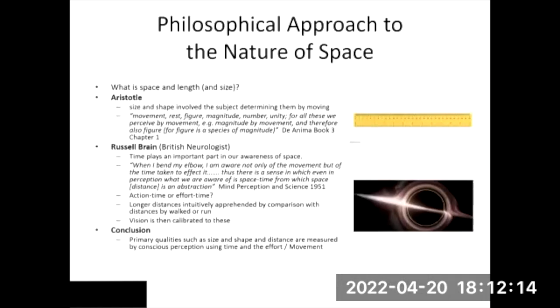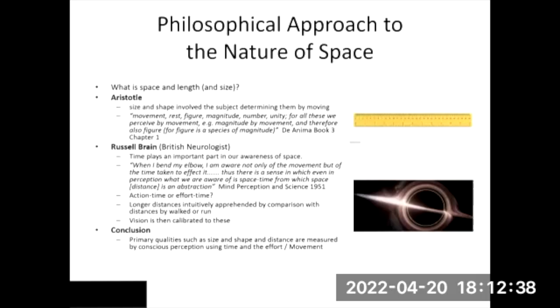Just a very quick thing about space before I move on. Aristotle pointed out that shape and size is determined by feel initially, and then we translate that into sight, in the sense of how far you have to move your fingers, or indeed your eyes, along an object. And that gives you the idea of shape and size.